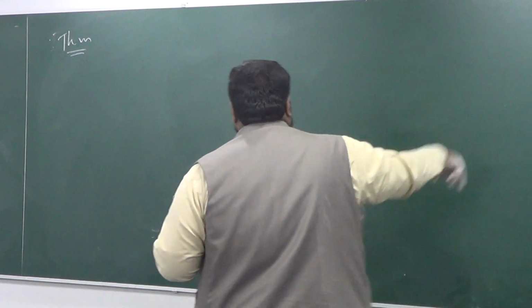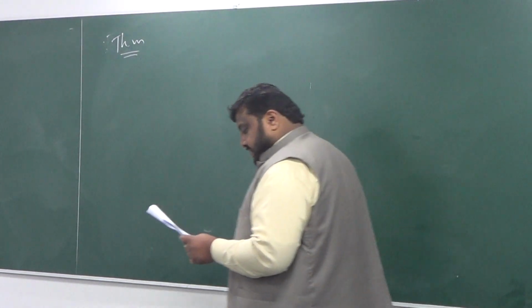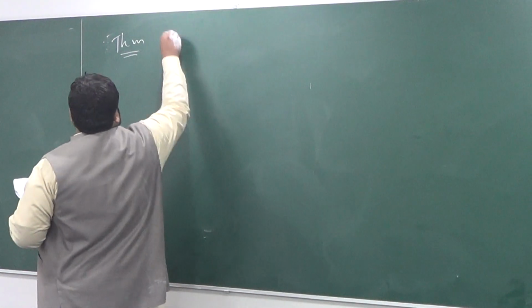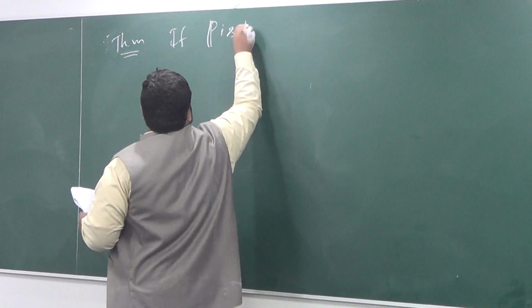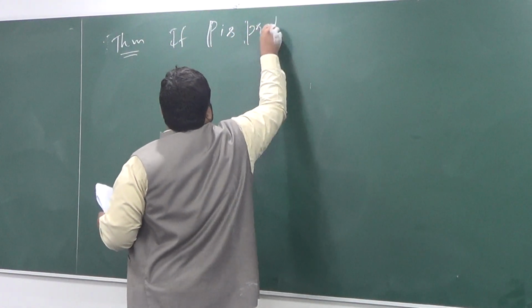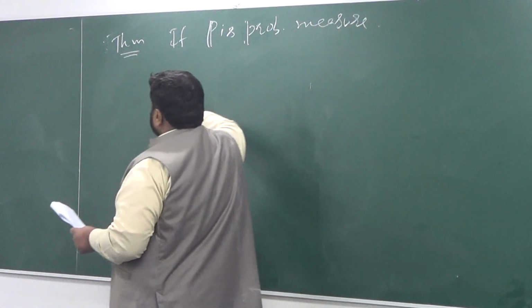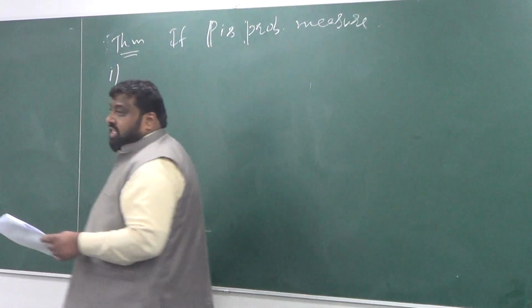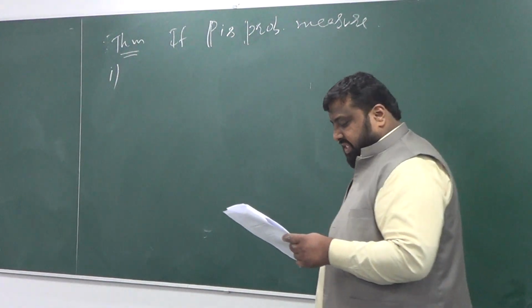So the theorem says if you have a probability measure P, then the following are the obvious properties of the probability measure.